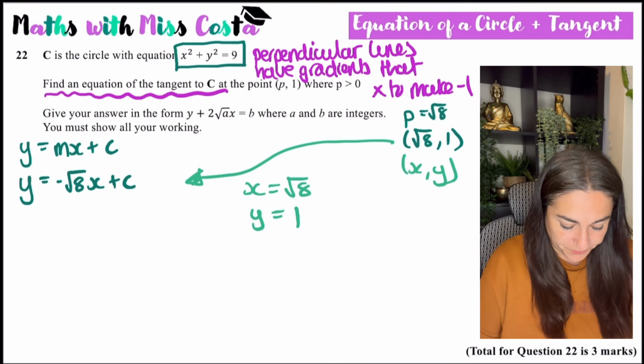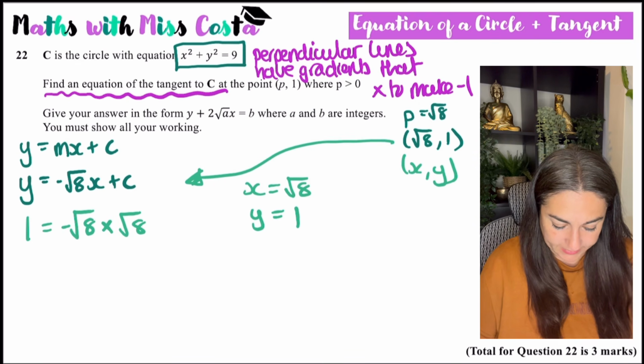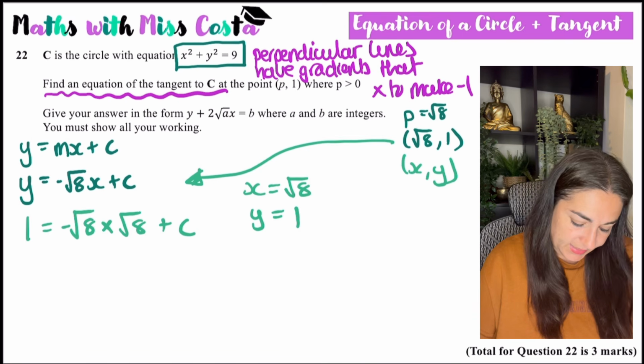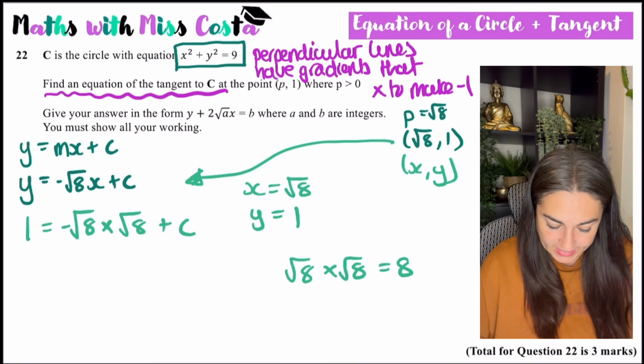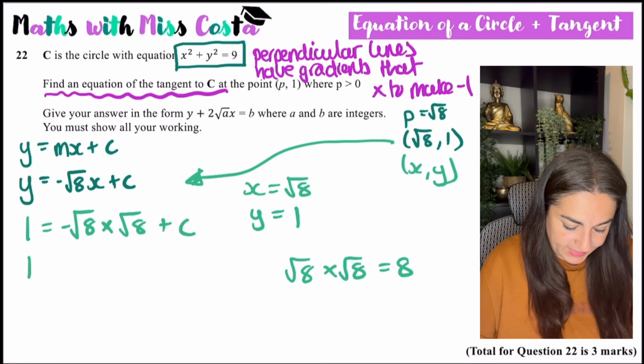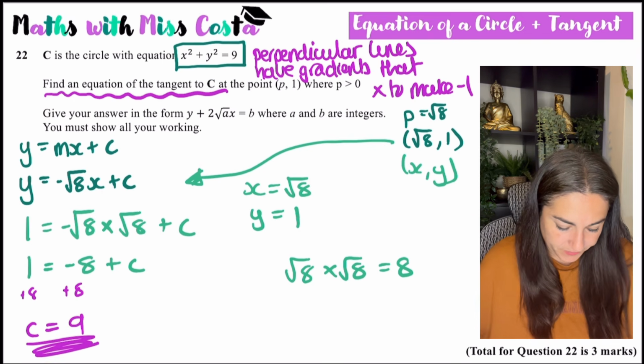So 1 must equal minus root 8 times root 8, because x is root 8, plus c. So root 8 times root 8 is just going to be 8, but it's negative, so it's going to be minus 8 plus c. So we add 8 to both sides, so therefore c must be 9.